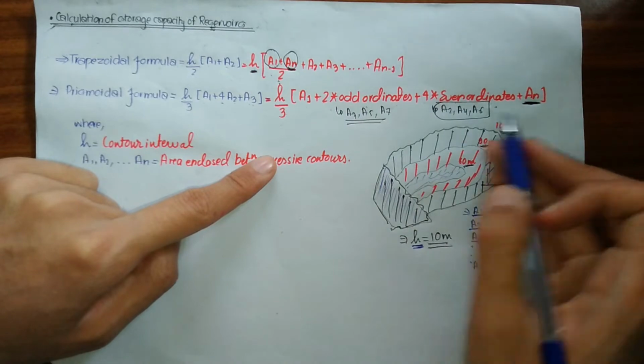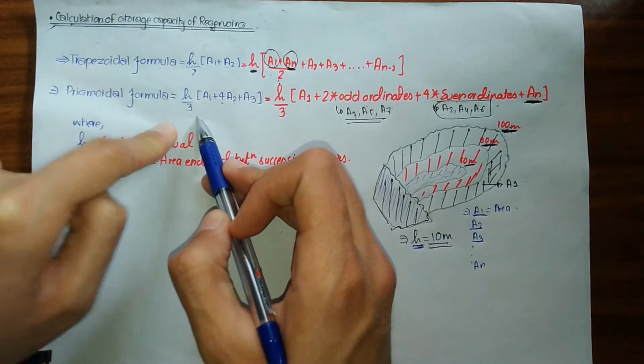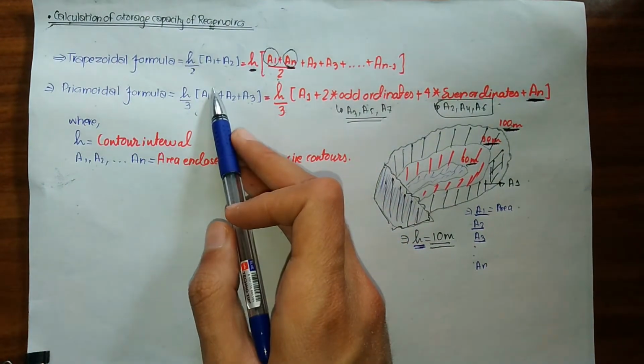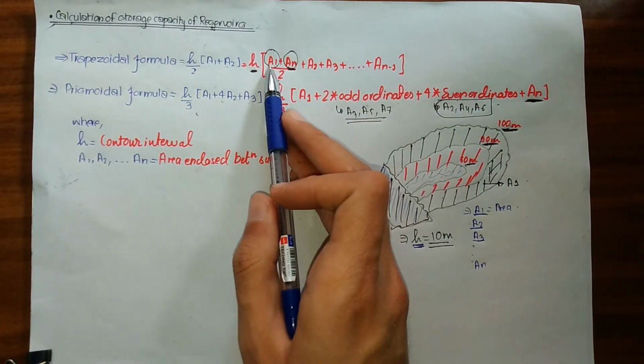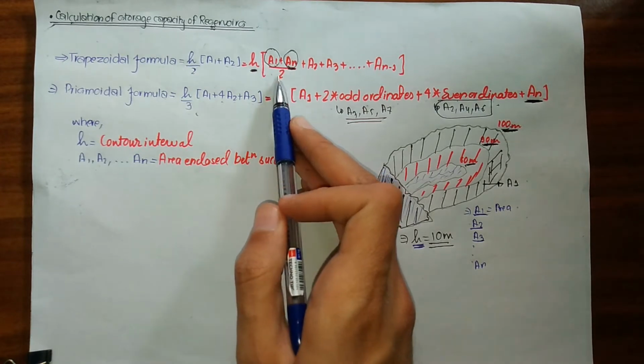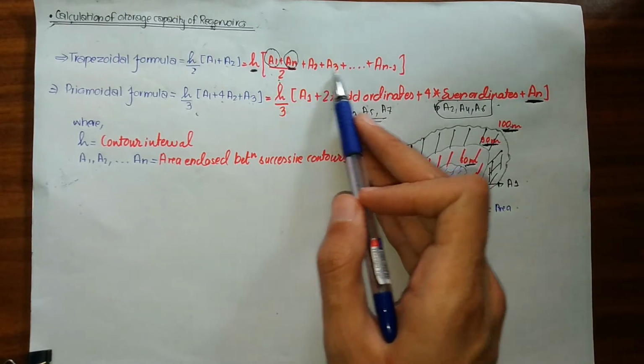As you can see the difference between trapezoidal and prismoidal formula: in my trapezoidal formula, I multiply all my areas by h, but I divide my first and last area by 2, while I simply add all the remaining areas.